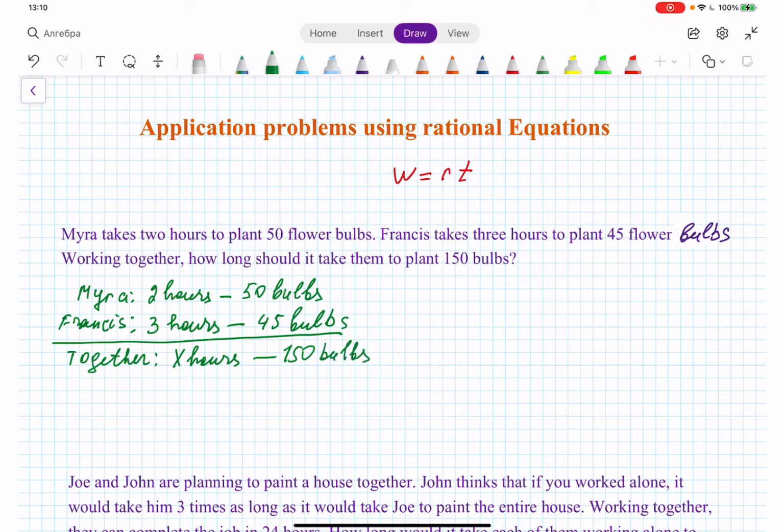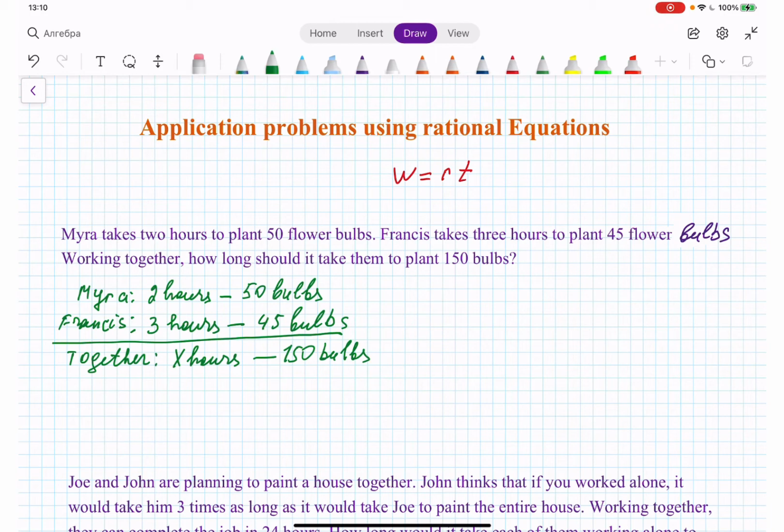All right, so let's start figuring it out. If it's asking how long it will take them together to plant 150 bulbs, that means we need to find out how many bulbs they can plant together within 1 hour, because our measurement is hours.